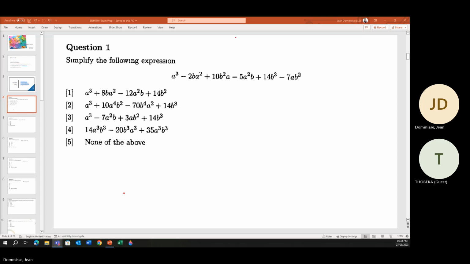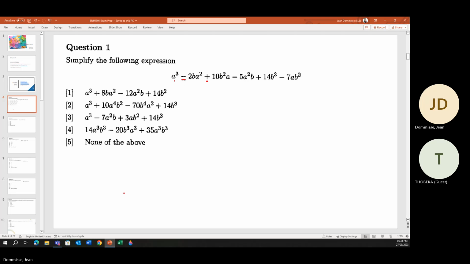Okay. So the first question is basically looking at something where you need to simplify an expression. The important thing when we do simplification is when there's a minus or plus between terms, we can only group terms together if they have the same symbols in it.